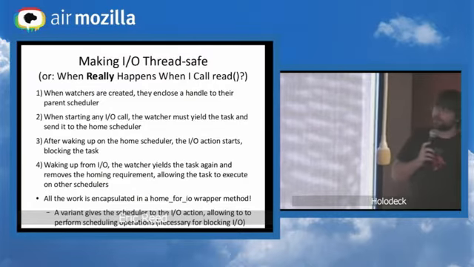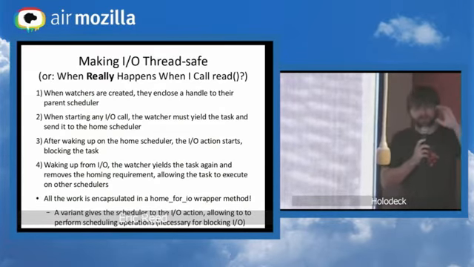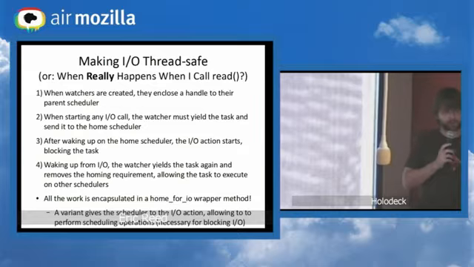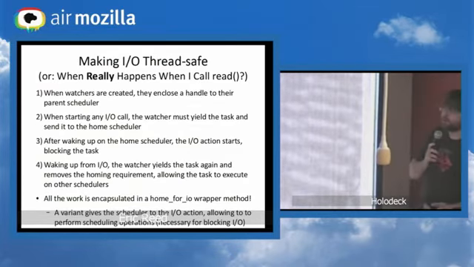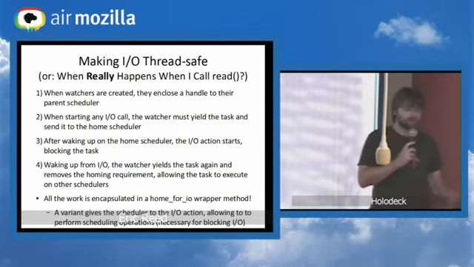But we can fix that. So this is actually what really happens when you call read: there's all this wrapping around the synchronous read call that we just discussed. There's actually this homing I/O wrapping code that works around it. So when we first create a watcher, it has a secret little field that contains a handle to its scheduler.